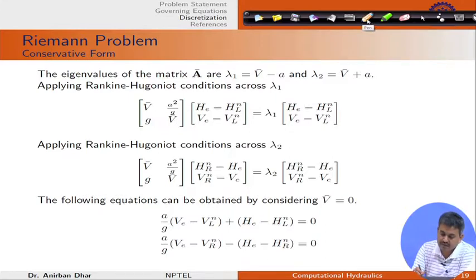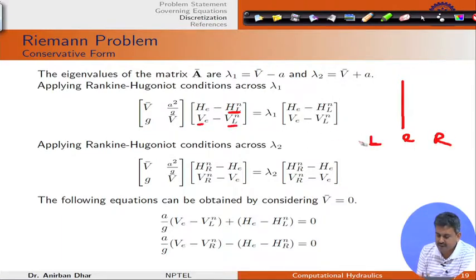So, what is this? On the east face, whatever value is there on the left side, E minus L, this is L, this is R, HE minus HL, V minus VL. This is the same, but lambda is multiplied here. Now, in this case, we will consider that V equals 0 during calculation of this one.